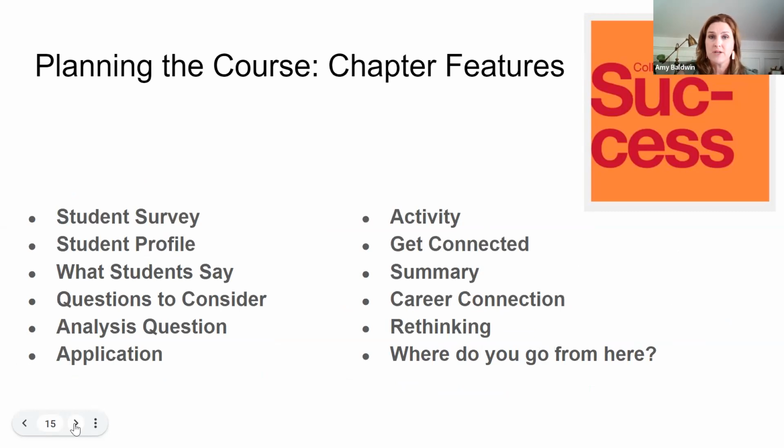Some things that you might want to know about the chapters, if you've not read them thoroughly, is they have some features in them that could be used for students to do activities outside of class, like the application or analysis question. It could be something that you could incorporate into the class. And definitely those student surveys, student profile, and what students say are great ways to open up discussion.